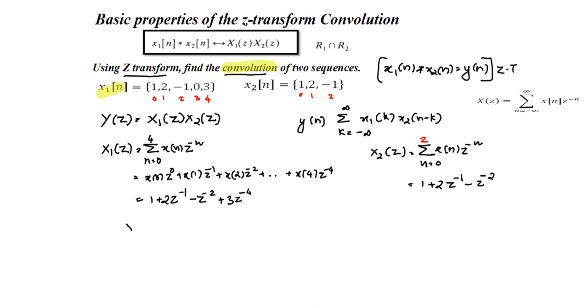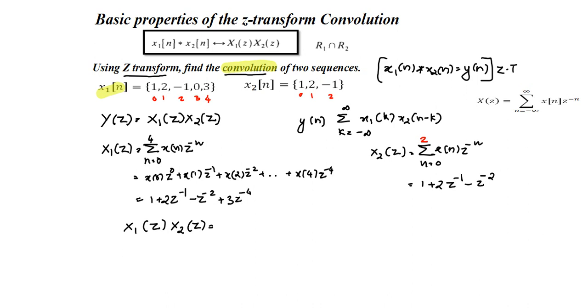Now we need to multiply these two signals, X1 of z into X2 of z. If you multiply this signal, you need to multiply X1 of z with each term, and I will write the simplified version, the final answer.